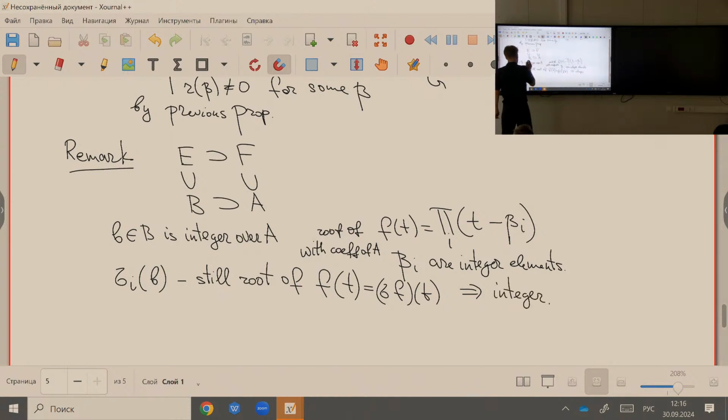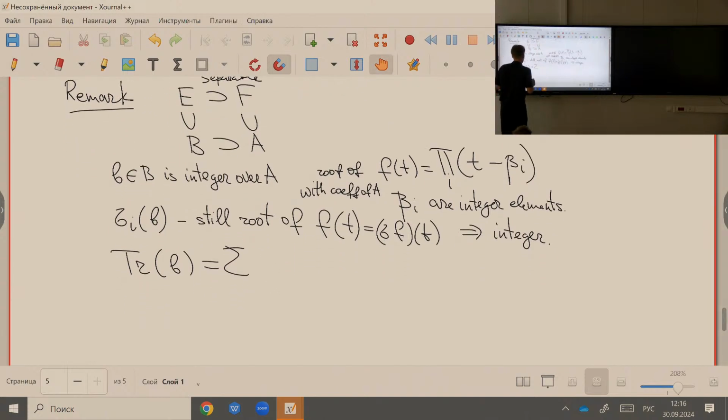So this implies that the trace of b, which is the sum of the sigma I of b, and here we assume that it is a separable extension, is also an integral element.